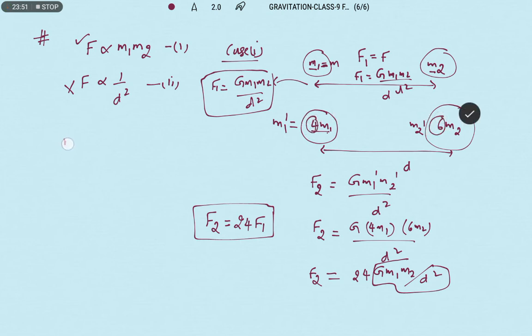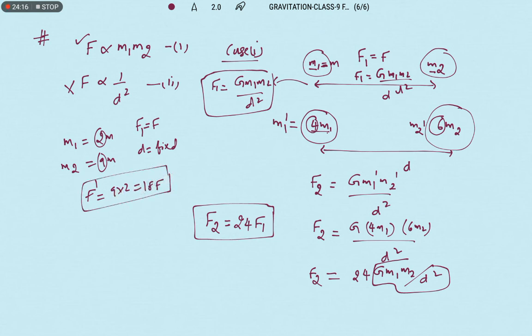For suppose m1 increases by 2 times and m2 increases by 9 times. If d is fixed, then what is the new force of attraction? The initial force we are going to take as F1. The new force is the product of the multiples of the masses. So 9 into 2, therefore 18 times the initial force.